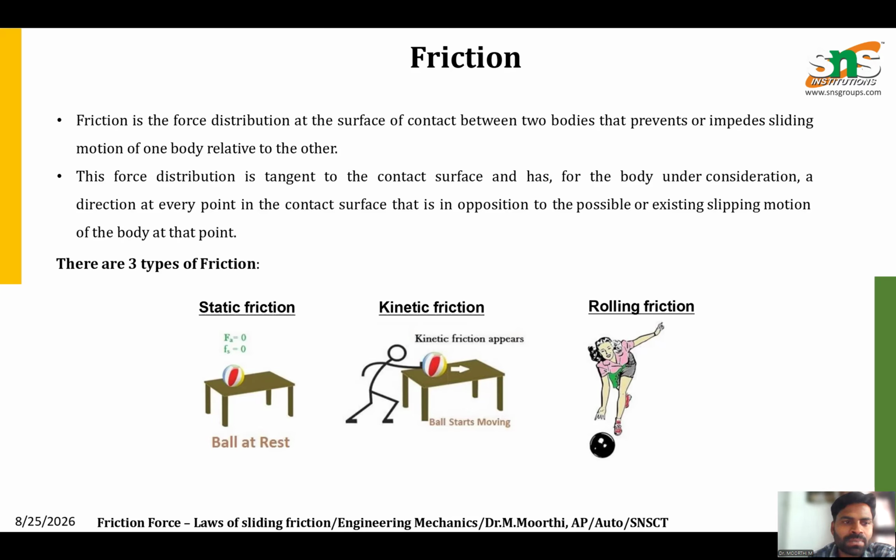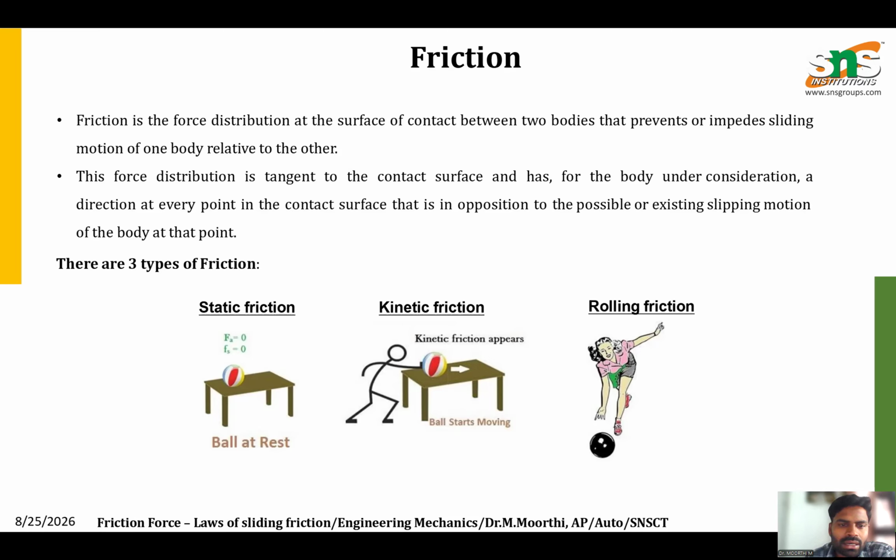Next, this force distribution is tangent to the contact surface of the body under consideration. Its direction at every point in the contact surface is in opposition to the possible or existing sliding motion of the object. Generally, friction has different categories, starting with static friction, kinetic friction, then rolling friction.